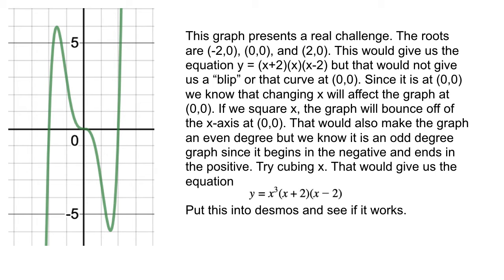But then how do we get that blip or curve in there at (0, 0)? If we square x, then that would give us a bounce off of that, but this doesn't really bounce. So we're going to cube x. So we end up with y equals x cubed times the quantity x plus 2 times the quantity x minus 2.